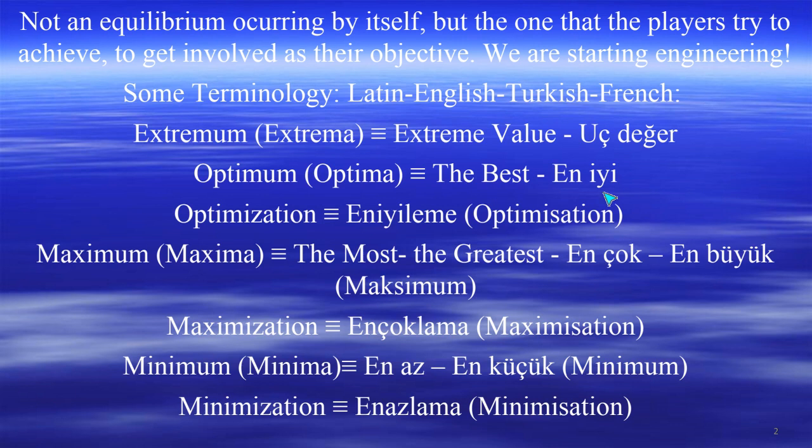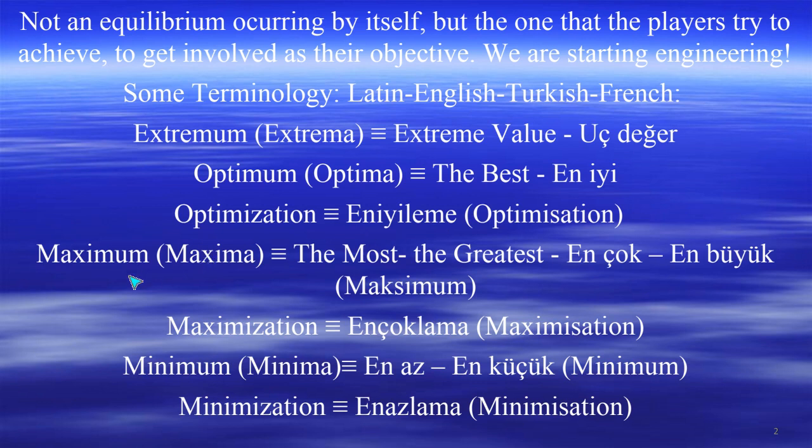And in Turkish, en iyi. In French, it is pronounced optimum, and optima. The action of it is optimization. In French, optimisation. And in English, it is optimization, in American English with Z, in British English with S. The difference is this. And in Turkish, the exact Turkish word for it is en iyileme.